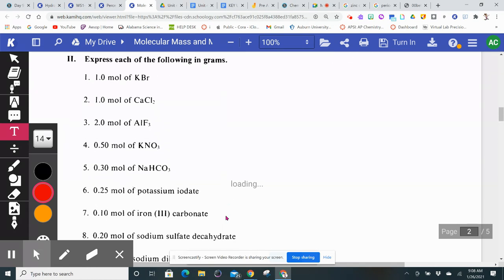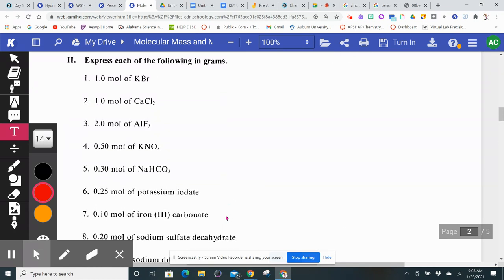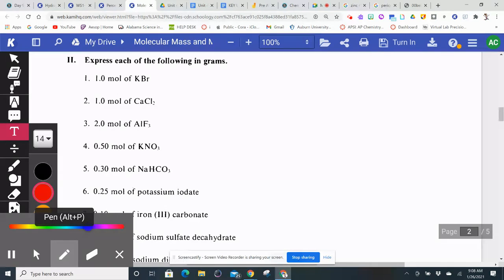Come down here. Express the following in grams. So all I'm going to do now is convert moles to grams. Whenever it says to convert something or to change the units, that's when you use those, I think y'all call them railroad tracks. So we're going to set them up. If I have 1 mole of KBr, what unit am I going to put on the bottom?